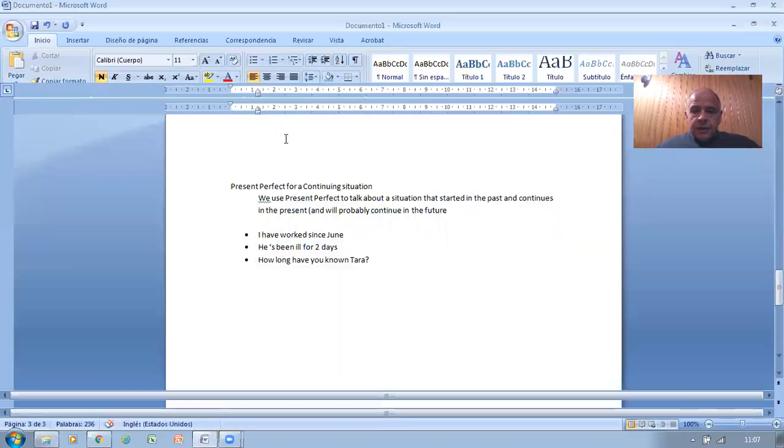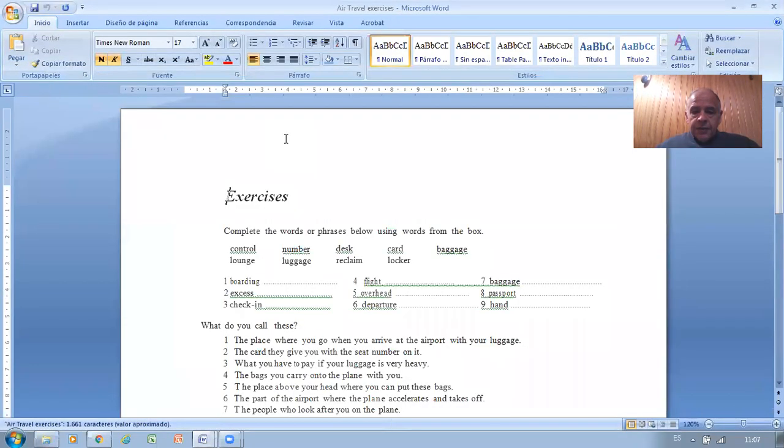This is the one that we're going to check now. The first part was to complete with the vocabulary that you have in here. It says complete the words or phrases below using words from the box.